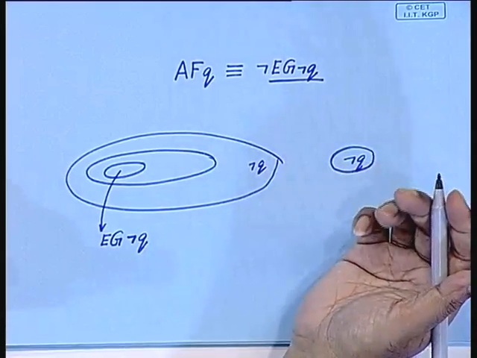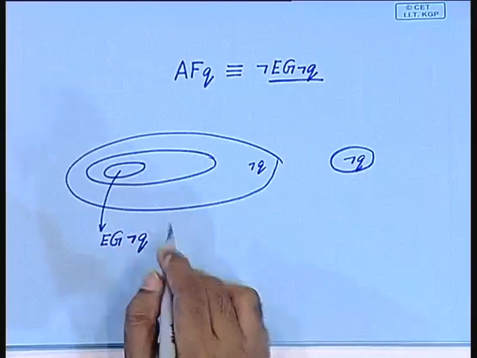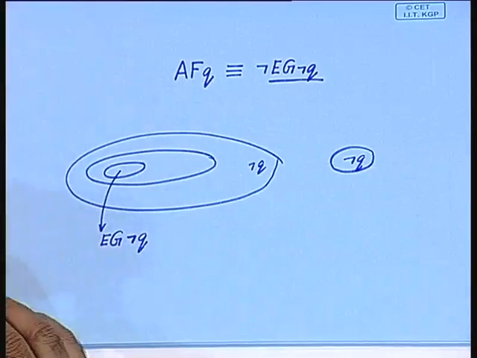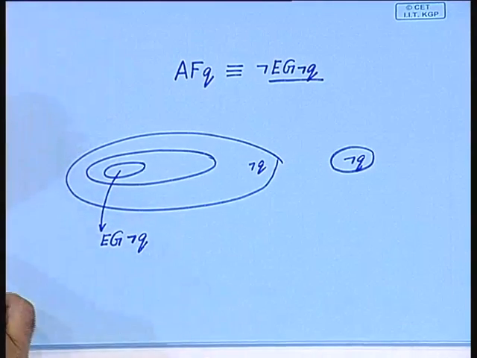Just complement it. So once you have this, the complement set of states is the set of states which satisfies AFQ.